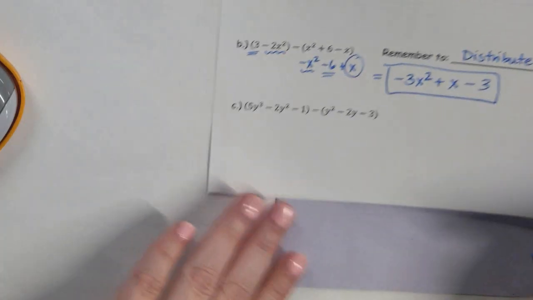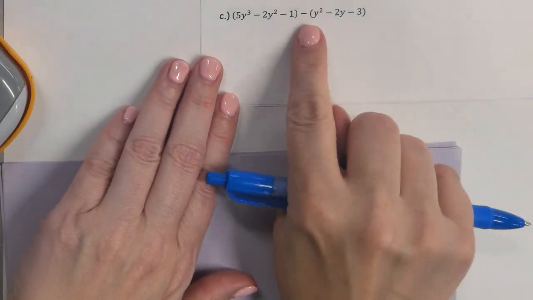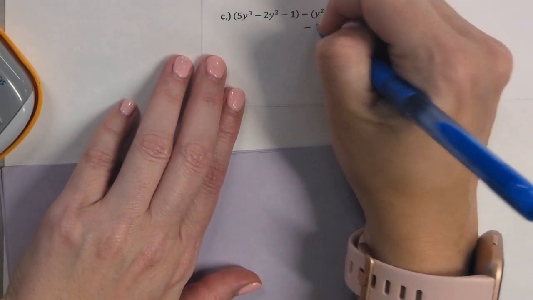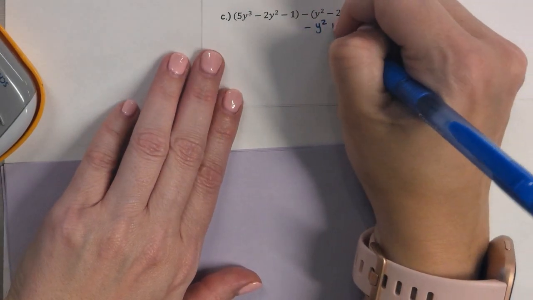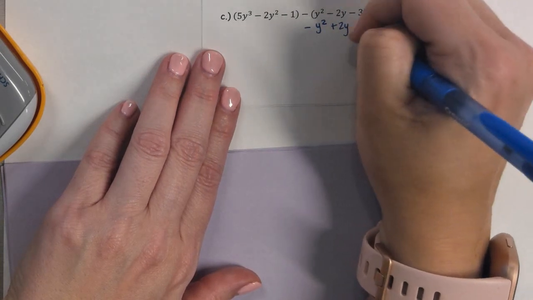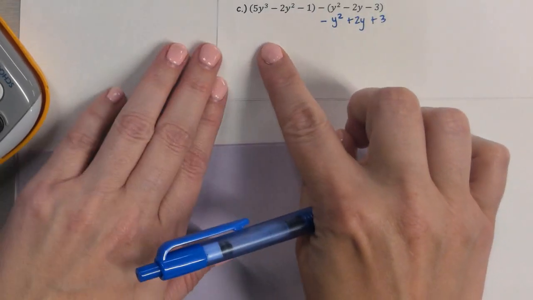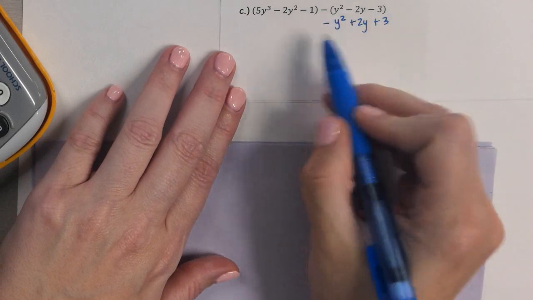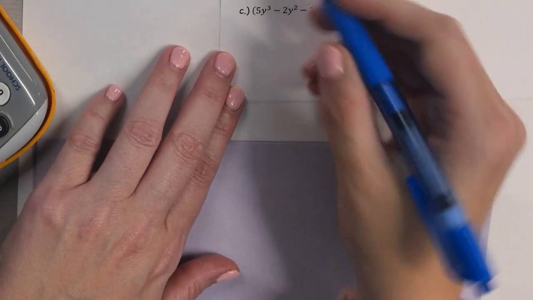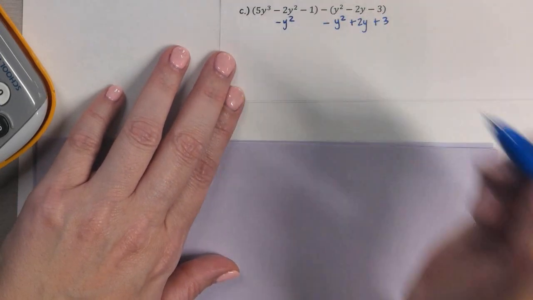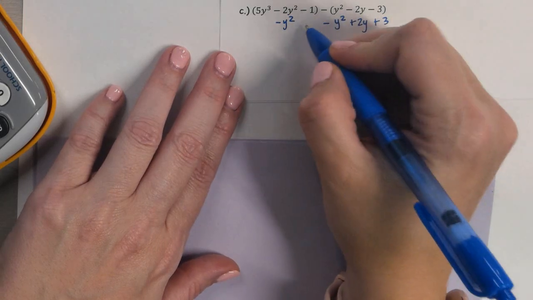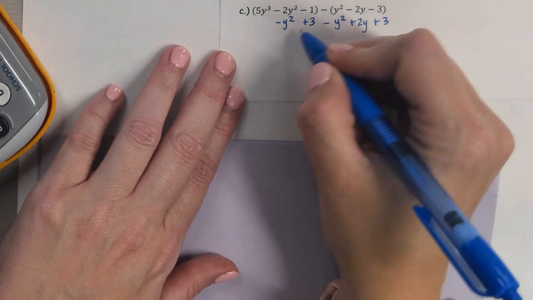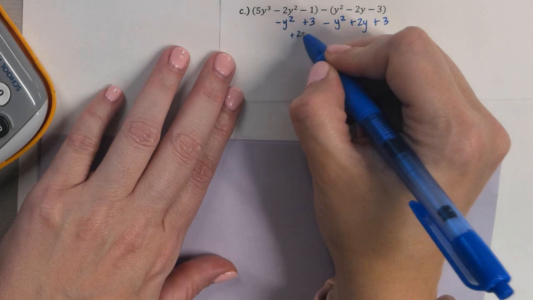Okay, and I said I would show you another way to do this if you want. When you distribute the minus, you can line these up underneath. Sometimes I do that. There's nothing to line up with the 5x cubed, but the negative y squared I can line up here. The plus 3 I can line up here. And there's nothing to add the 2y to.